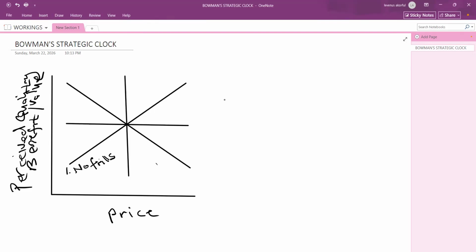Then our two is here, called low cost. Point three, this is called hybrid.